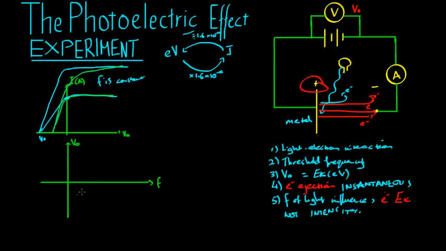If the frequency of light is changing in this direction, if the frequency is getting bigger, blue has a bigger frequency than green, then the magnitude of the stopping voltage is also getting bigger. So it looks like this here. That's a linear relationship there. So the energy of the most energetic electron has a relationship to the frequency of the light, and it looks something like this.